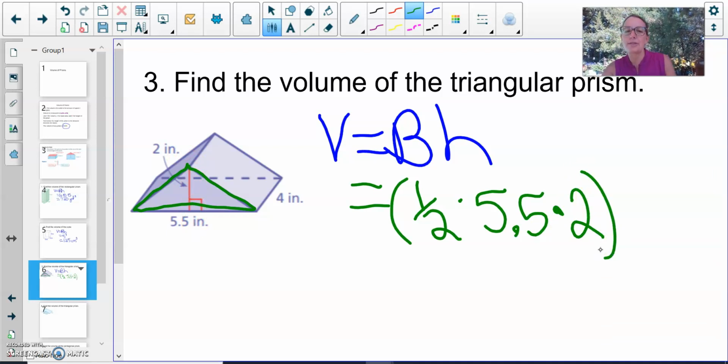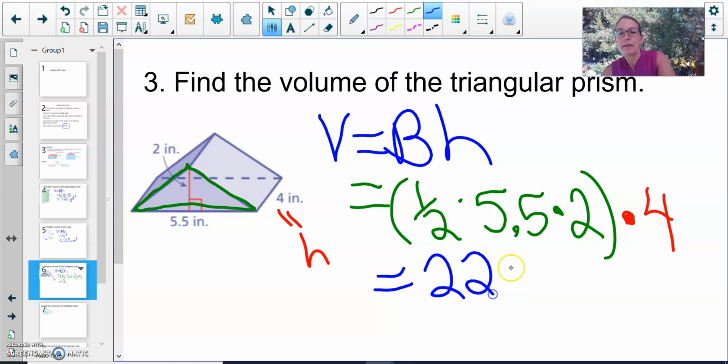So that amount that I just wrote in green is the base area. And then I multiply it by the height of the prism, which is how far apart the two triangles are. So the height of the prism is 4. So now I multiply it out. Half of 2 is 1 times 5 5/10 would be 5 5/10 times 4 gives me 22 inches cubed.